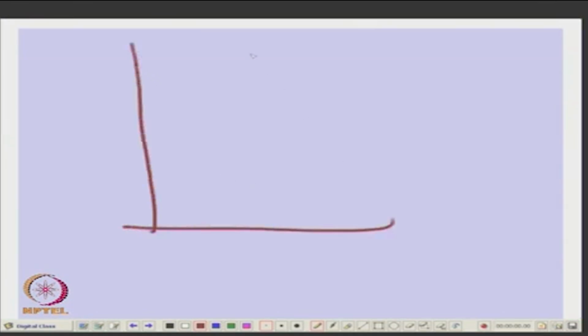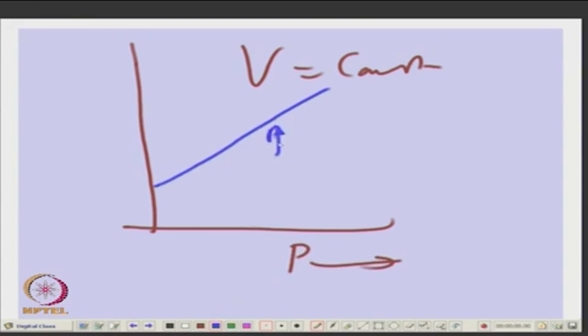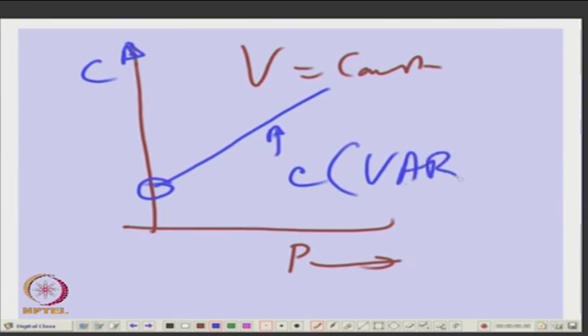So, you must increase the capacitance to maintain the constant voltage. If you want V to be constant, as the power varies you would prefer to have a variation of C. This is C versus power. At no load it will be small C, as the load increases it must increase. So, basically you must design a VAR control.